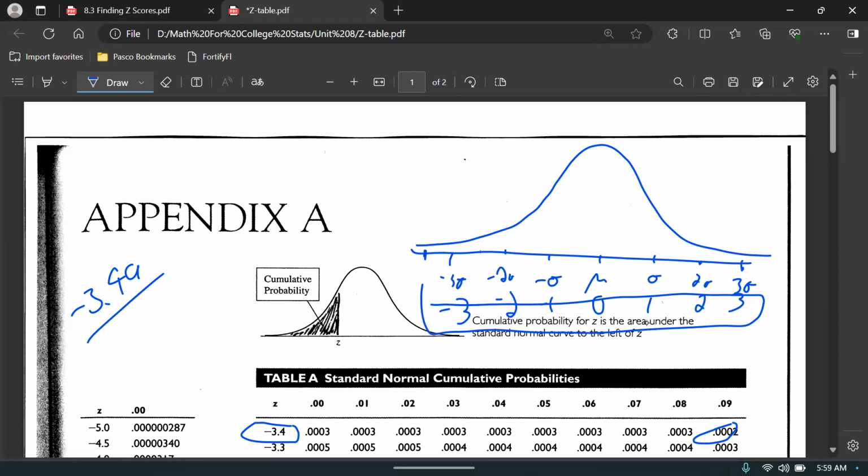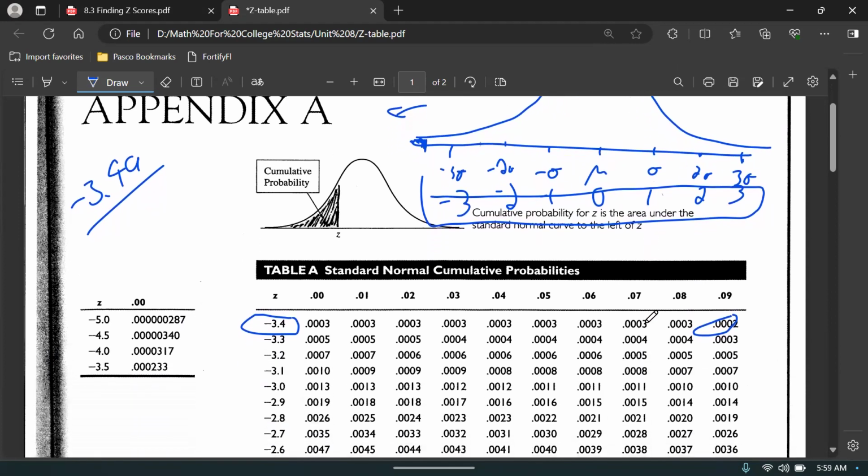Somebody's calculated the area under the curve to the left, because this is very important, the area is always counted to the left. And that area, as you can see, is a very small sliver, only 0.0002, or in percentage terms, 0.02%.